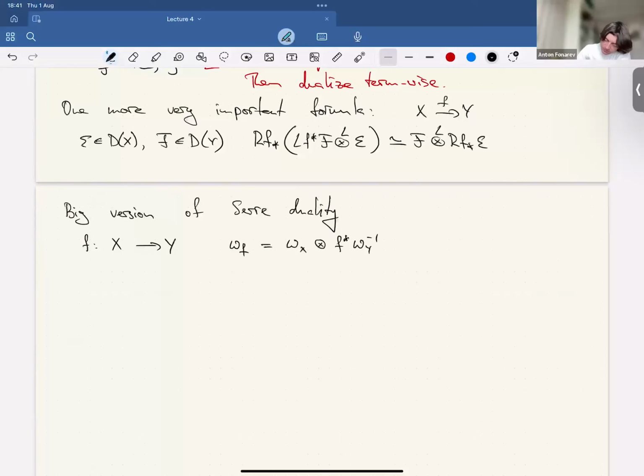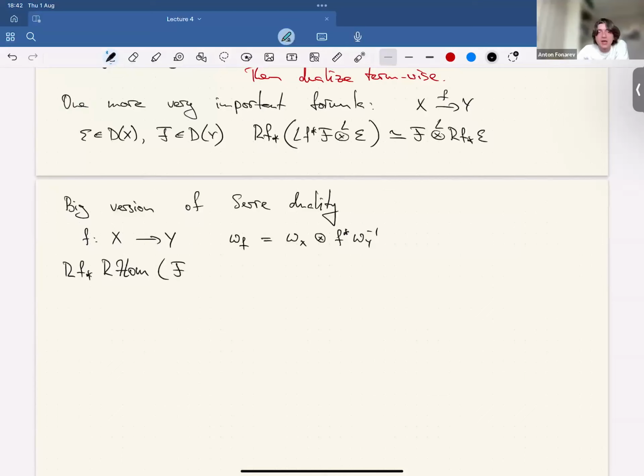All right. So the big version of this Serre duality says specifically that the derived push forward, and then something I haven't said specifically, but you can also define what the sheafified Hom is. I'll say in a second.